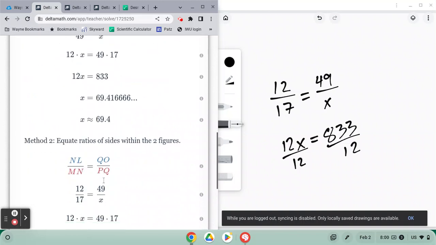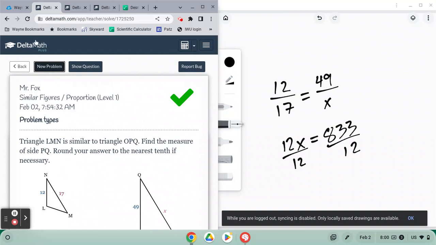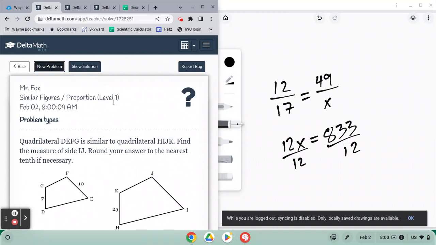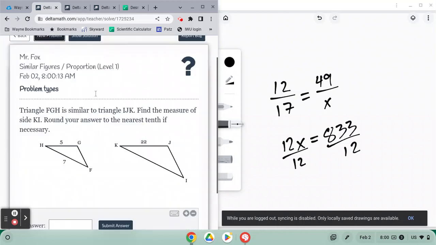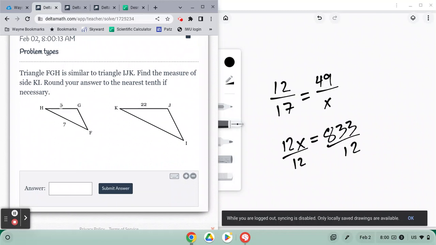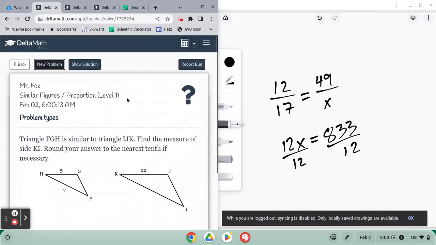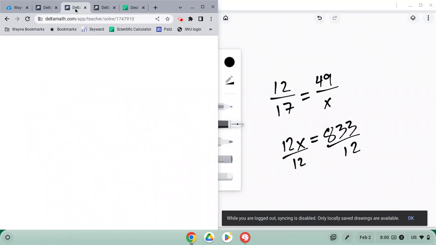So it doesn't actually matter which way we do it. So if we look at another question, let's see, that's not quite what I wanted. Here's another triangle. Once again, you could do 5 over 7 equals 22 over x, or you could do 5 over 22 equals 7 over x. There's flexibility there.